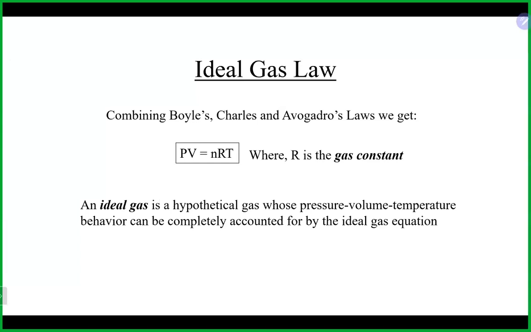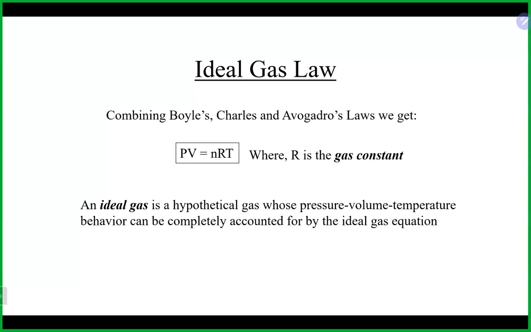A lot of the problems you will see talk about the volume of the container the gas is in. Under an ideal situation, we assume the particles are flying around uniformly in that container, and the volume of the container is much larger than the volume of the gas itself. So under ideal conditions, we don't even look at the volume of the gas itself. It's negligible.